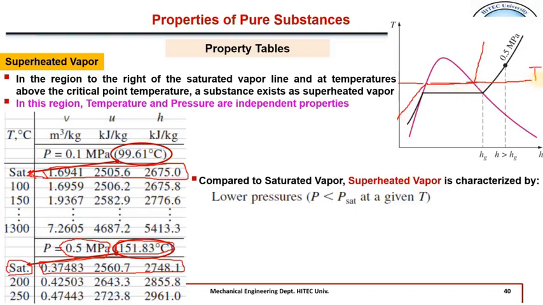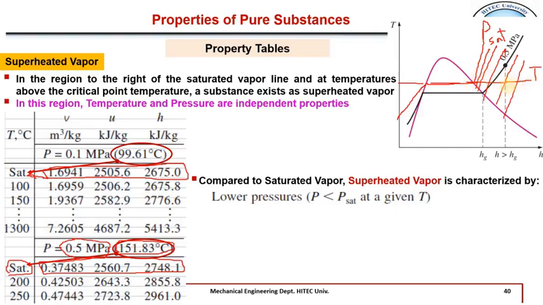And for the same temperature, a number of pressure lines will be intersecting this temperature line. All these are pressure lines in the superheated region which are intersecting this temperature line, and all these pressures are lower than this pressure. What was this pressure? This was P sat for this temperature.